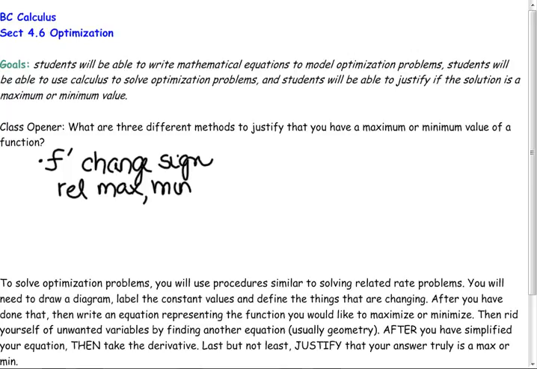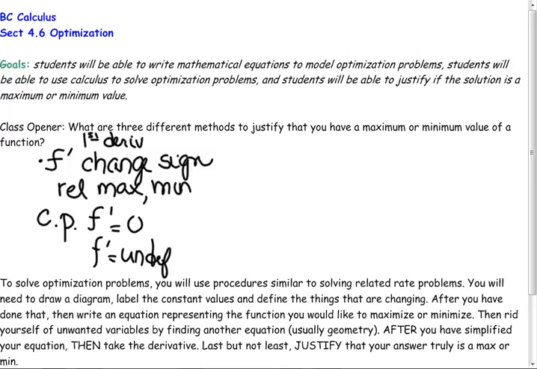In particular, where are the critical points? Well, endpoints aren't critical points. They are candidates. So F prime is 0, F prime is undefined. This is the first derivative test. Okay, that gives me a relative max or min.